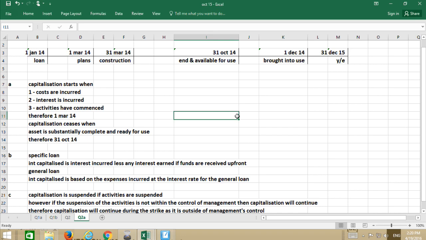And I have to have started activities. And those dates match on the 1st of March. Do you agree? So from the 1st of March until the asset is available for use, which is the 31st of October. It ceases when they talk about substantially complete and ready for use. So we're going to capitalize from 1 March to 31 October, which is 8 months. So we're going to capitalize 8 months.